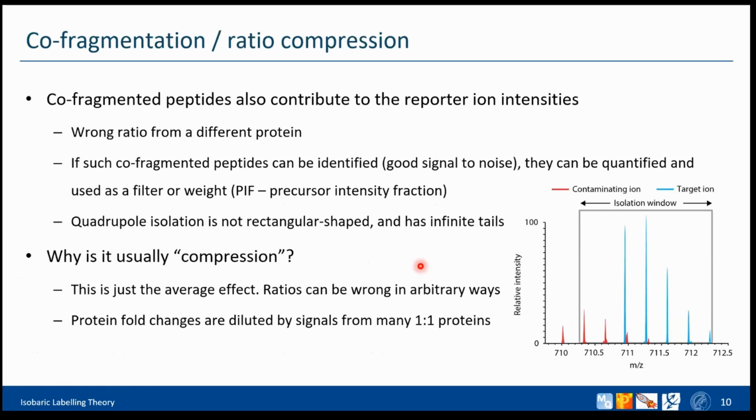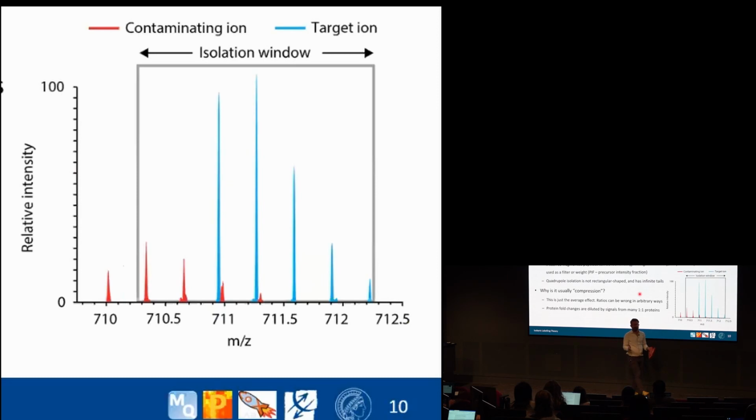Okay, so ratio compression is actually caused by the following phenomenon. There are, of course, co-eluting peptides, which have overlapping isotope patterns, or very close isotope patterns. And if a precursor is selected for fragmentation, there is the window, the quadrupole. Usually you take a 1.4 Dalton window size. But I mean, the quadrupole is not perfect, right? It's not like it looks here, like there's a hard cut.